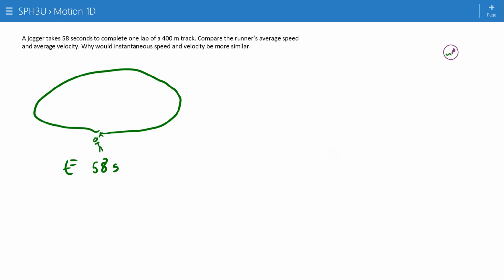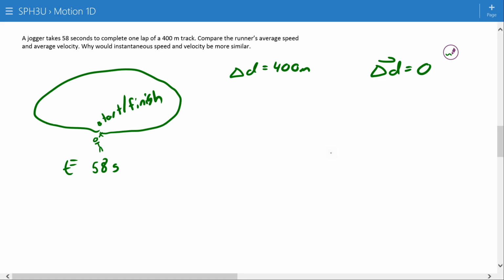So what that means then is that he's traveling a total distance of 400 meters, while at the same time he has a displacement. Well, here he started and here he finished at the same spot, and so he has a displacement of 0.